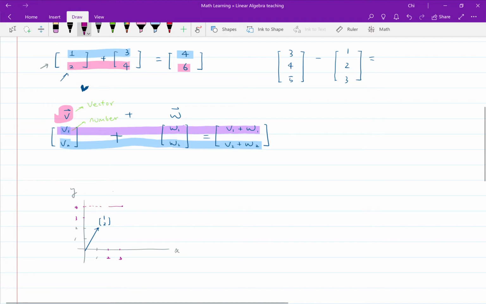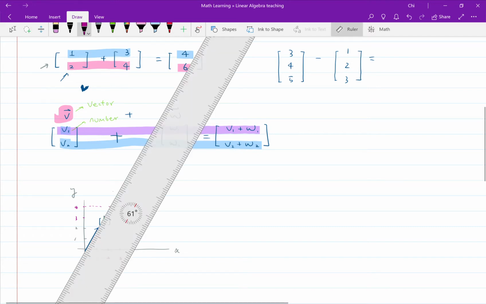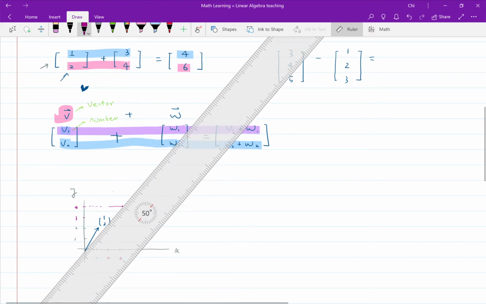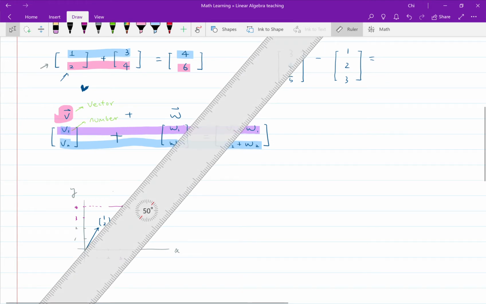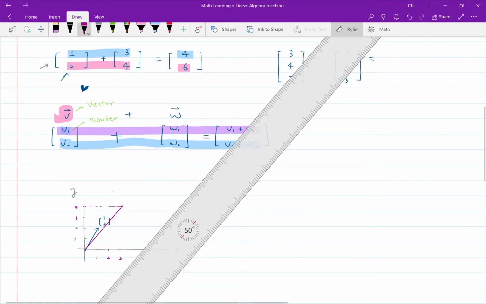So it's here. And you connect the origin with the endpoint, and that will be 3, 4.